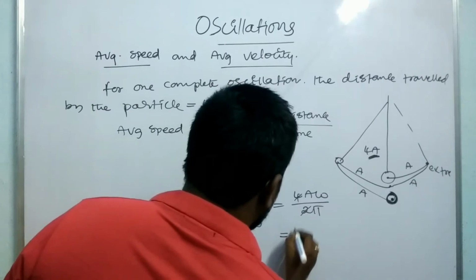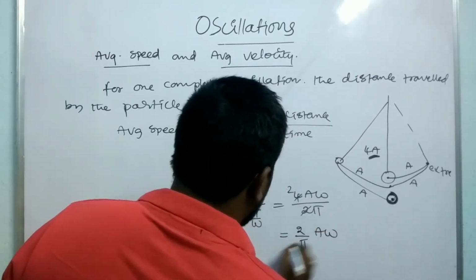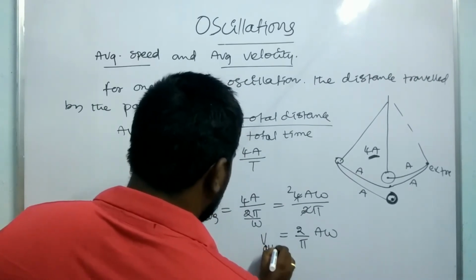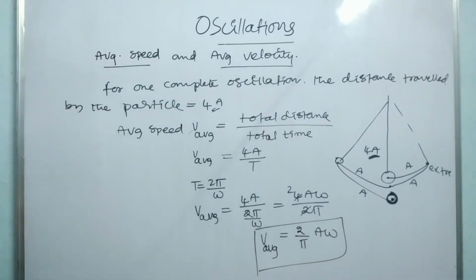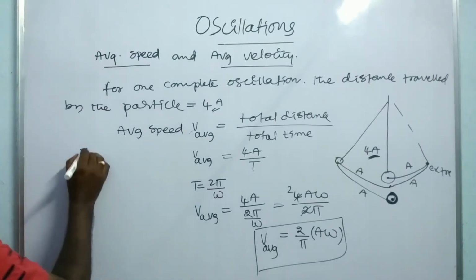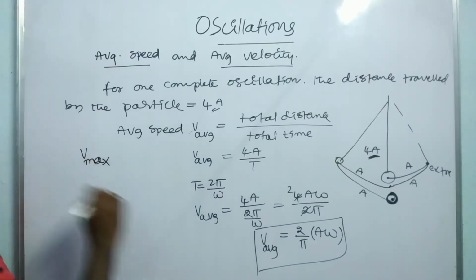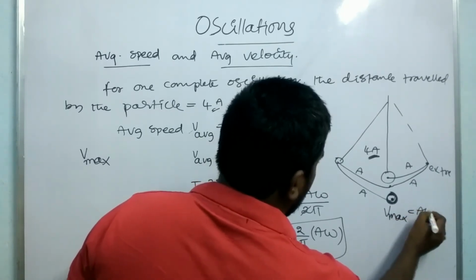So V average is equal to 2 by pi A omega. So A omega is the V maximum. At the mean position, V maximum is equal to A omega.